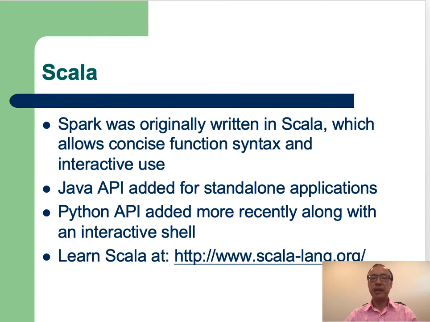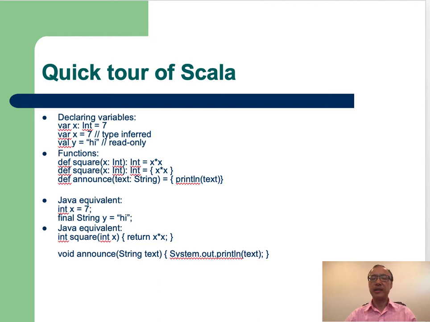Spark was originally written using the Scala language, and after that, the Java API and Python API were added. If you want to learn more about Scala, I recommend you go to www.scalalanguage.org. There are all the details.